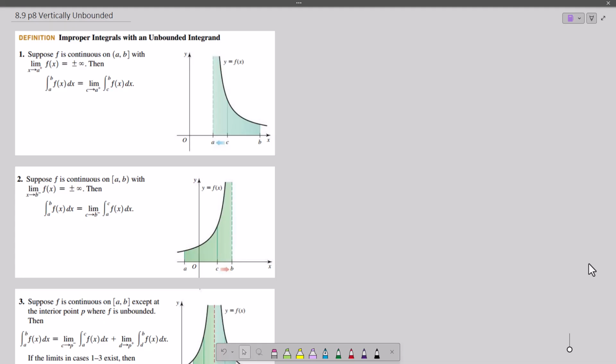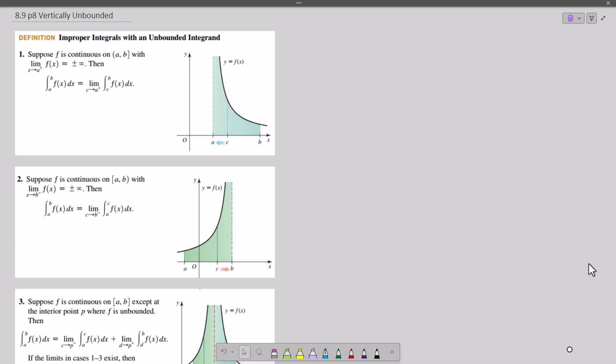It looks deceptively like a definite integral. Like if you just write down integral a to b f of x dx, oh, it looks like a definite integral. But the one caveat in Calc 1 is that the function needs to be continuous on the interval ab. But 99% of the time in Calc 1, you didn't even think about whether the function was continuous or not on that interval, and you just integrated blindly.